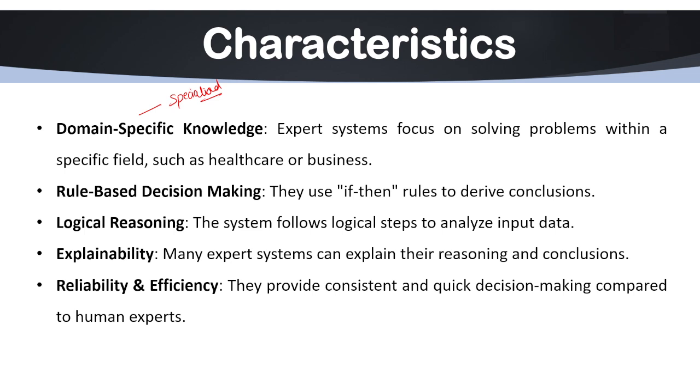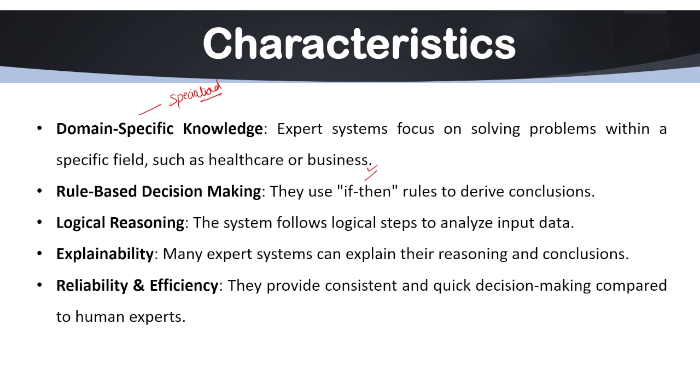For example, एक particular domain है हेल्थ केयर. सो हेल्थ केयर से रिलेटेड जो भी एक डॉक्टर में एक्सपर्टीज होती हैं, ठीक है, वो सब एक्सपर्टीज we want to add in our AI devices by using expert systems. Another domain we have here is business. एक बिजनेसमैन का दिमाग किस तरीके से चलता है, एक बिजनेसमैन किस तरीके से डिसीजन मेकिंग करता है, that particular expertise we need to add in any machine using AI is taken under domain specific knowledge.